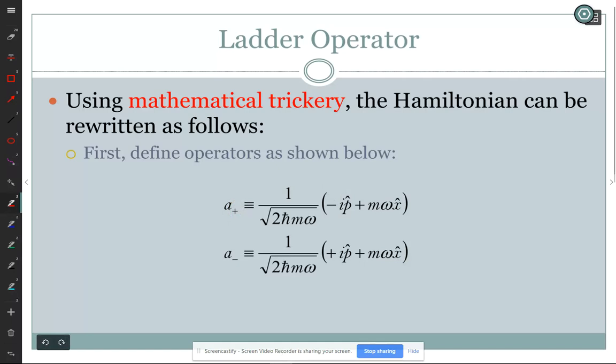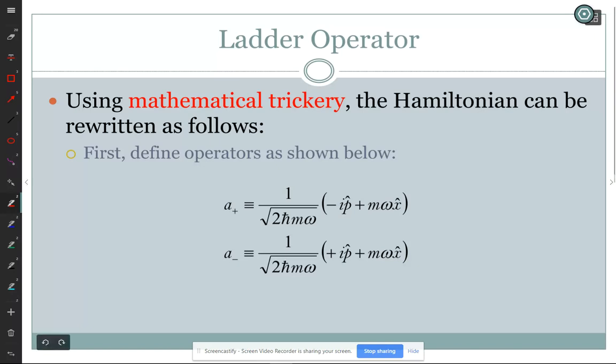By the way, there are 2 ways of solving this, the mathematically tricky way and the analytical way. Today, we'll work on the mathematically tricky way. And then once we finish that, we'll go to the analytical way. So we can see the 2 approaches and basically appreciate how mathematicians can be tricky.